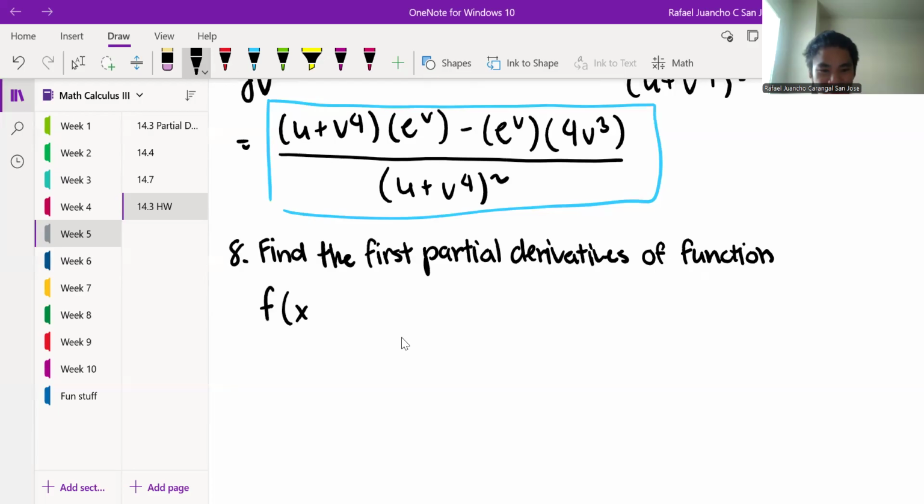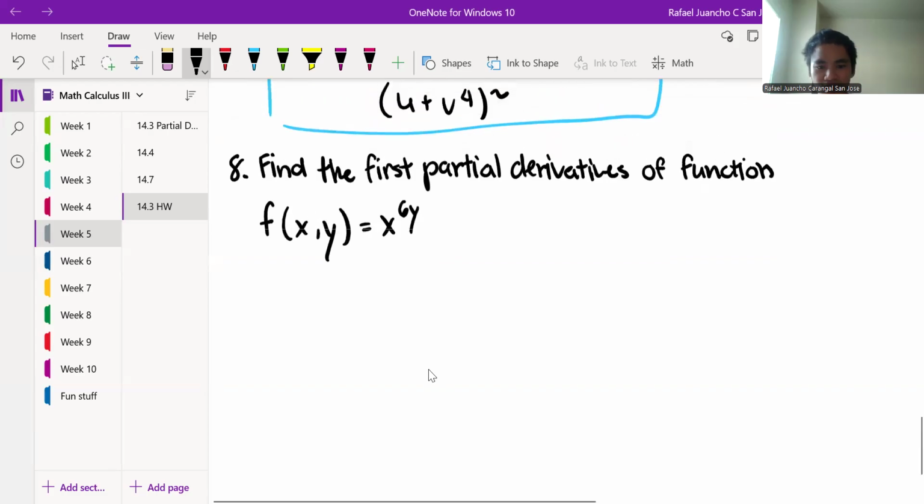Okay, so we have f of x, y, and this is equal to x to the power 6y. And here we find f sub x. So we take the derivative, we make y constant. Right?